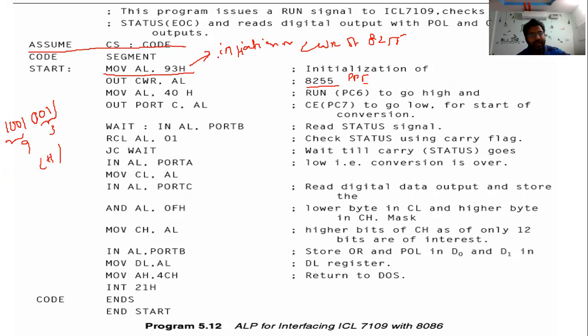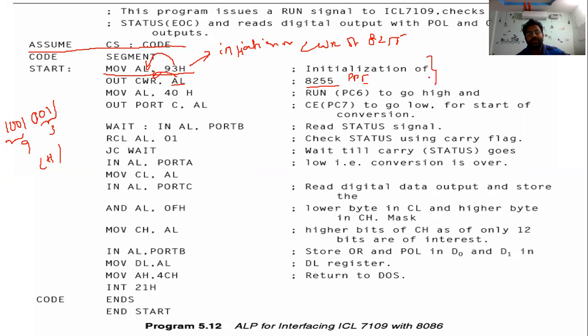This data is loaded into the AL register, then OUT CWR. First, 93 is loaded into the AL. Whatever data is in the AL register is loaded to the CWR.